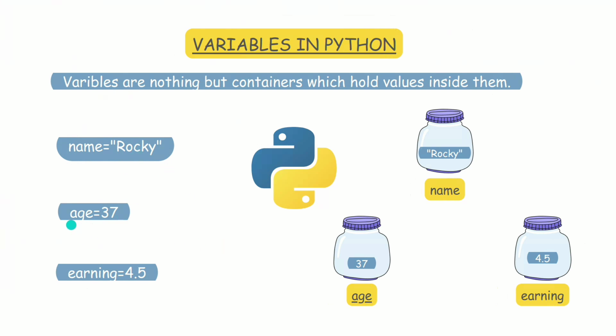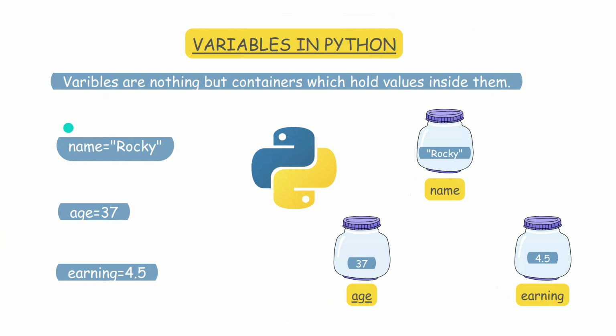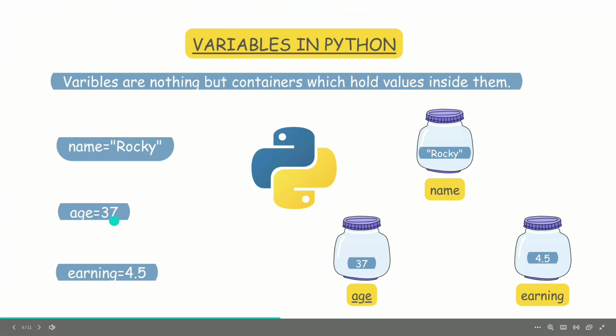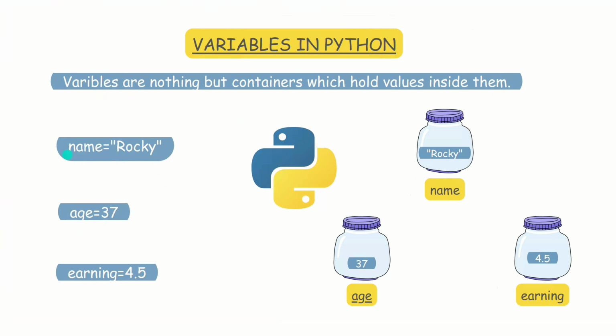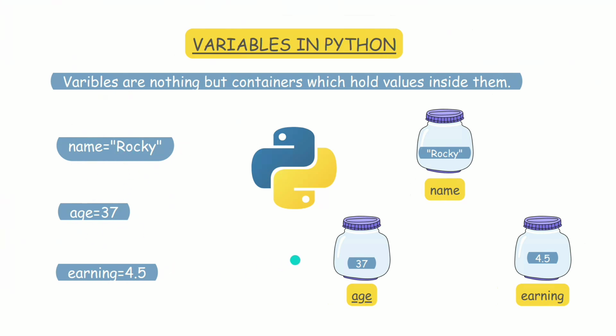Age equal to 37, which is the age of Rocky, and earning is 4.5. Rocky earns 4.5, which is a decimal, or in programming language we say a float value. So basically name, age and earning are containers which hold values Rocky, 37 and 4.5 inside them.